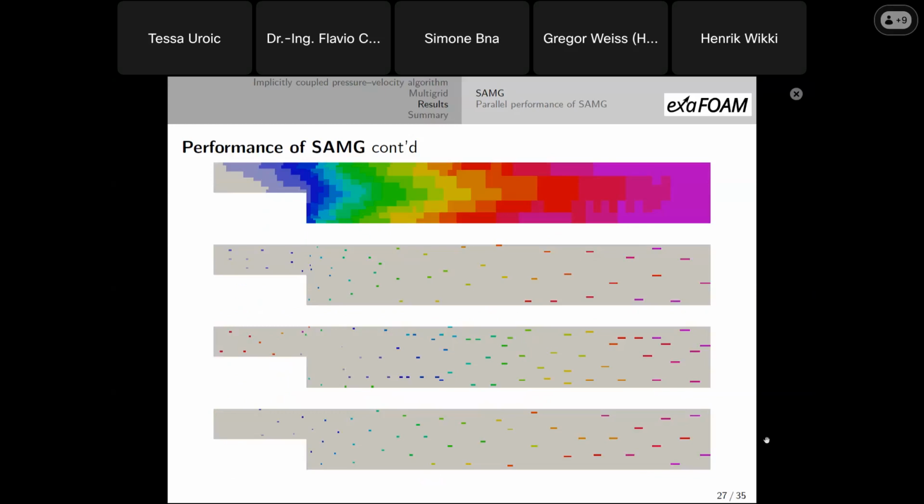Okay, I will just give a bit of a comment on this coarsening procedure. So we have done in the last couple of months also testing on something that is called aggressive coarsening. The idea of aggressive coarsening is to select the equations in your fine system by reducing their number by a factor of, let's say, 5.